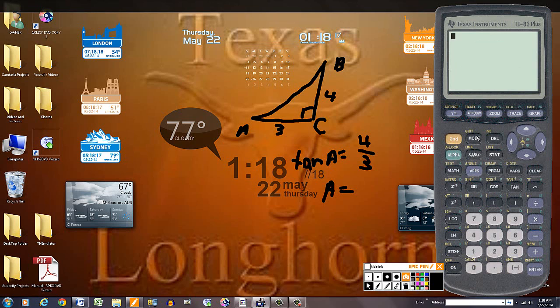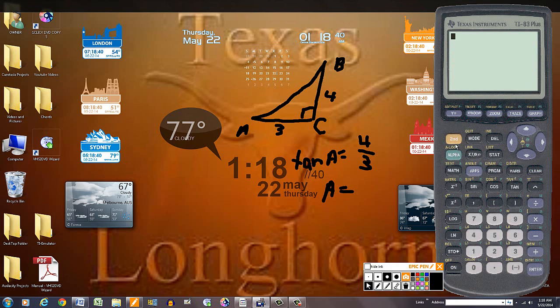Okay, so let me go to mode. And this one's in radians. So let's suppose they want the answer in degrees. I go over to degrees, hit enter. Okay, so now I go out of this menu. Make sure you always know what your calculator is set to. You might think you're computing degrees and you're computing radians.